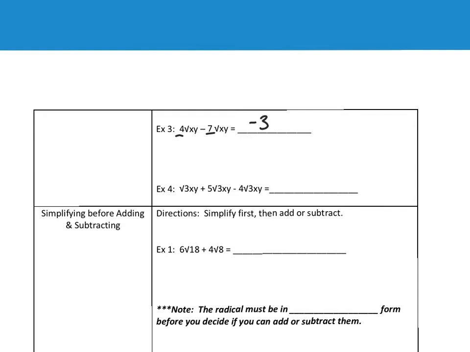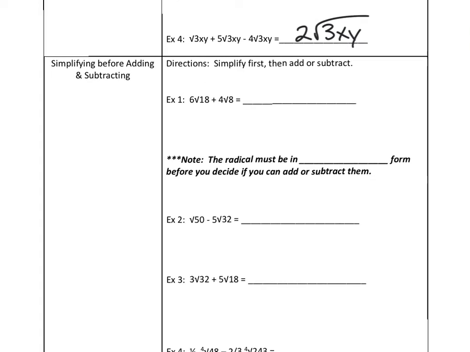Negative 3. And then what? Yep. So on number 4, we've got 1 plus 5 minus 4. And what is that? 2. And then what is the radical? Square root of 3x. Yep. Good. Pretty straightforward? Yeah, I think so too.